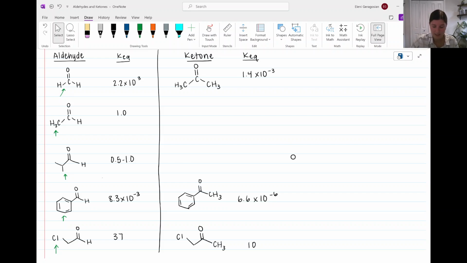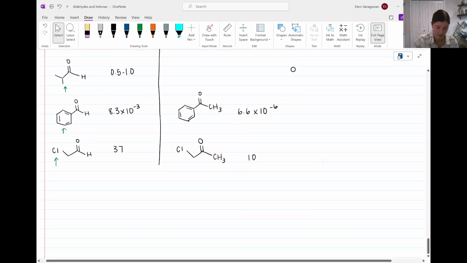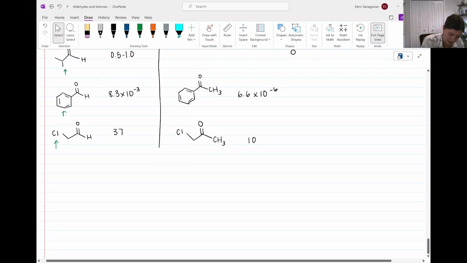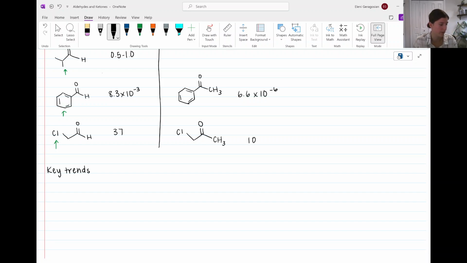Let's look at some key trends here. So just kind of summarizing what's shown in the table, and we can apply these trends to other molecules that are not part of this table here. So the nucleophilic addition, we'll just simplify to addition, in general is more favorable for aldehydes than it is for ketones.